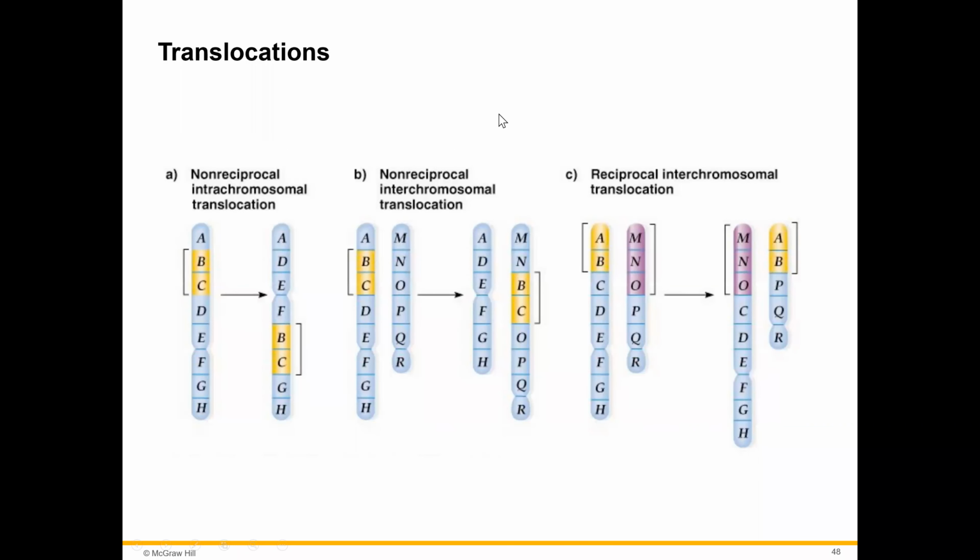When we have reciprocal translocation, we actually just switch segments. Segments M and O go to this chromosome, and A and B segments go to this chromosome. So we have the same genetic material, they're just located on different chromosomes.